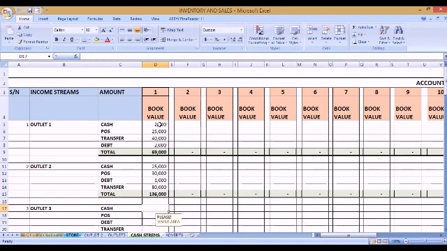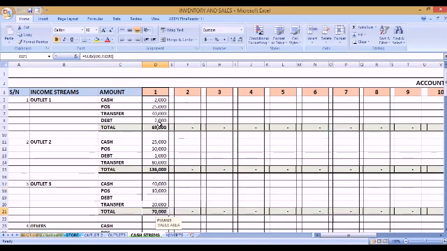In outlet 3, maybe they make sales of 40,000 cash, 10,000 POS, debt, maybe there is no credit, and then transfer 20,000. You will see their total is automatically given to us here without stress.